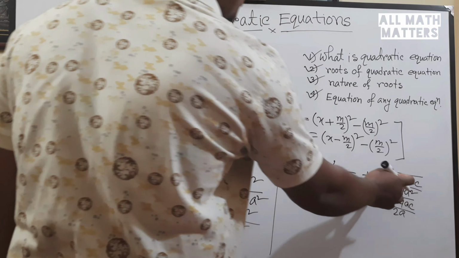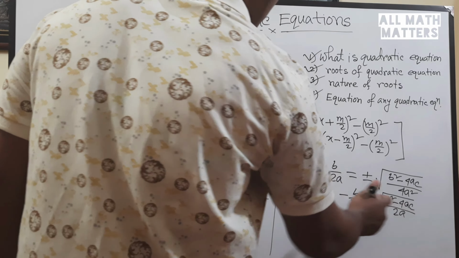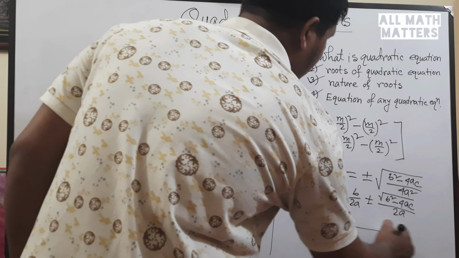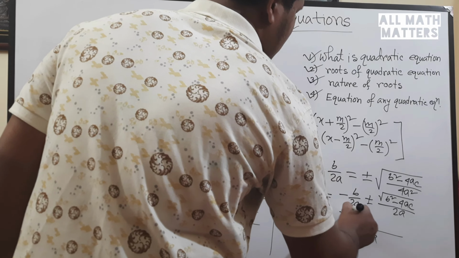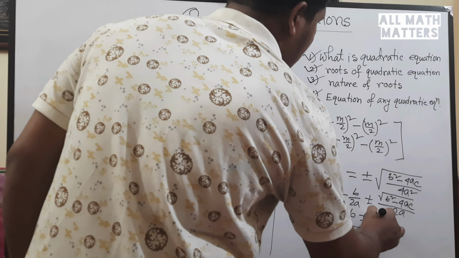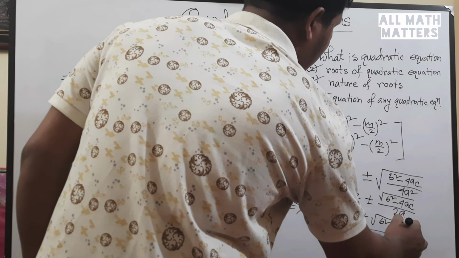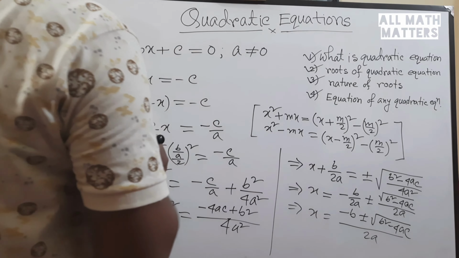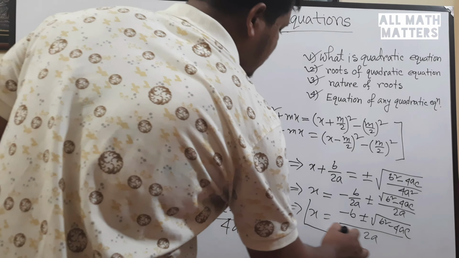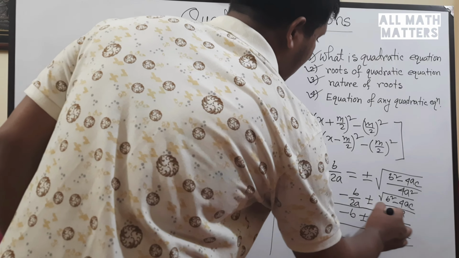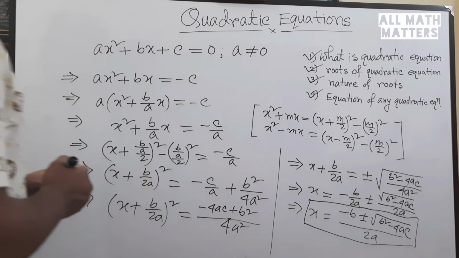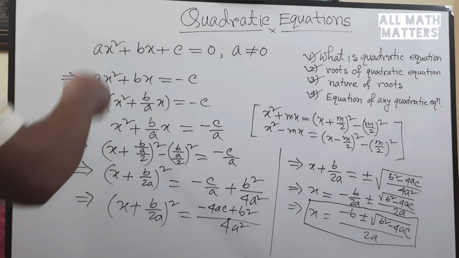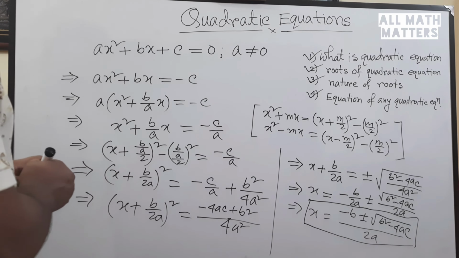That means if we take the square root, 4a square becomes 2a. Now finally we do the LCM of these two parts, then it will be negative b plus minus root over b square minus 4ac over 2a. So this is the roots of this quadratic equation. So usually we use this formula directly, but I think many students do not know how to derive this formula. So that's why I derived this formula for your better understanding.